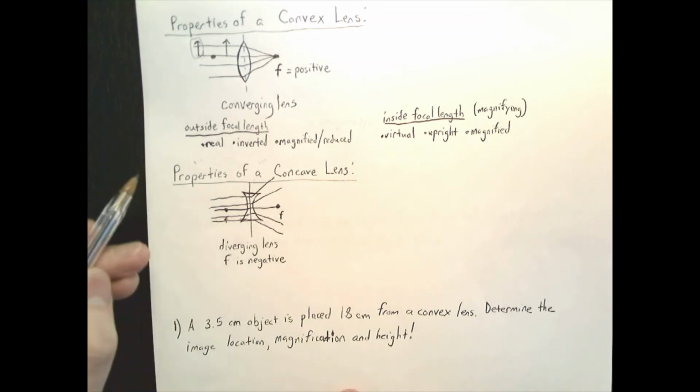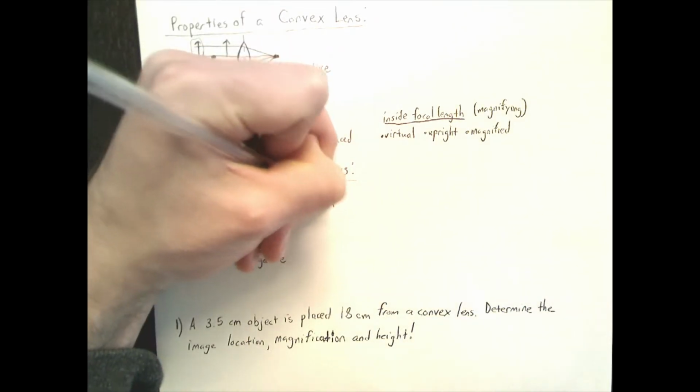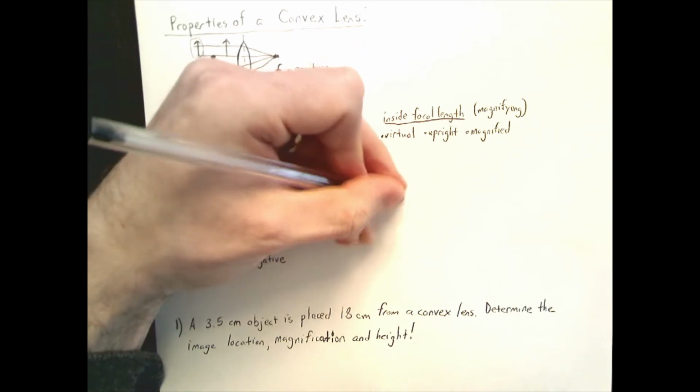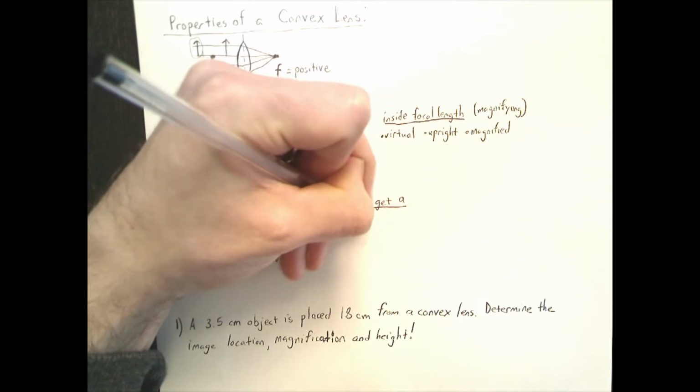For wherever you place the object, inside or outside the focal length, a concave lens is always going to form an image that is virtual. You have to look through the lens to see it.